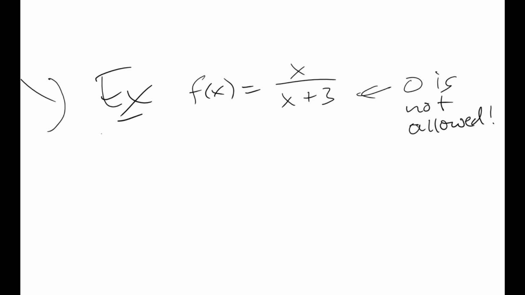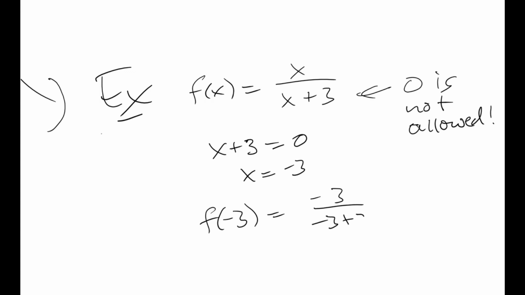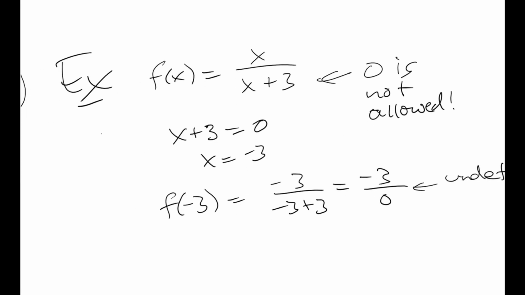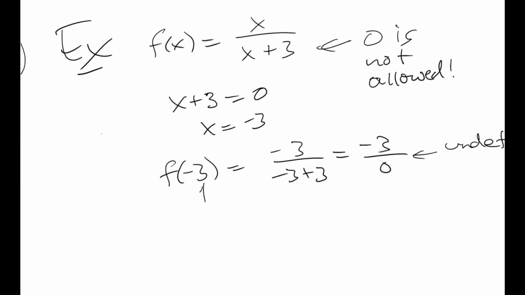So if you set x plus 3 equal to 0, you'll find out the number that is not allowed in the domain. If you plug in -3, f of -3 gives you -3 over -3 plus 3, which is -3 over 0, and this is undefined. So apparently -3 is not in the domain.